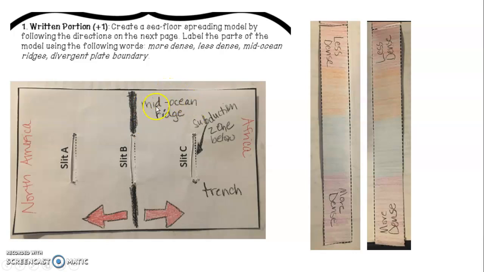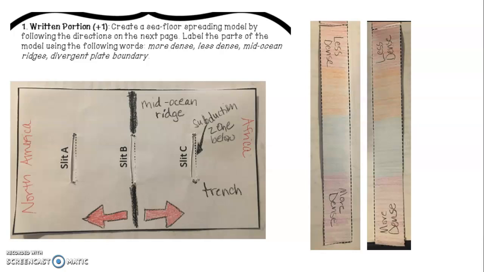This is our mid-ocean ridge, and the subduction zone is where that subduction begins. Those are called trenches. This is the North America plate, Africa plate, continent. And then these 2 arrows, remember that particular type of boundary is called a divergent plate boundary.